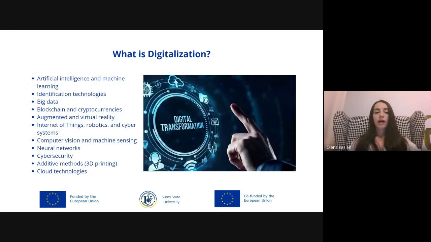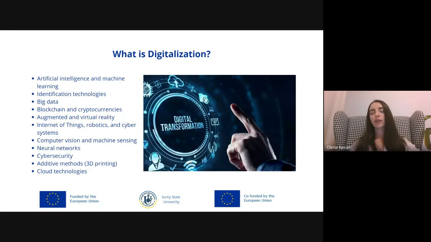So today, researchers identify several key directions for the development of digital technologies, including artificial intelligence and machine learning, identification technologies, big data, blockchain, cryptocurrency, virtual reality. Also, everyone talks about the metaverse. You can buy virtual clothes there. You can have a virtual assistant.